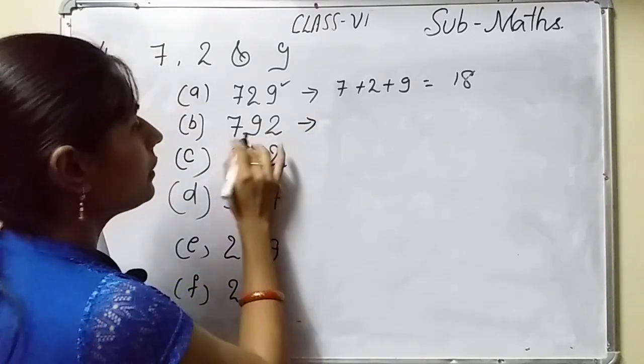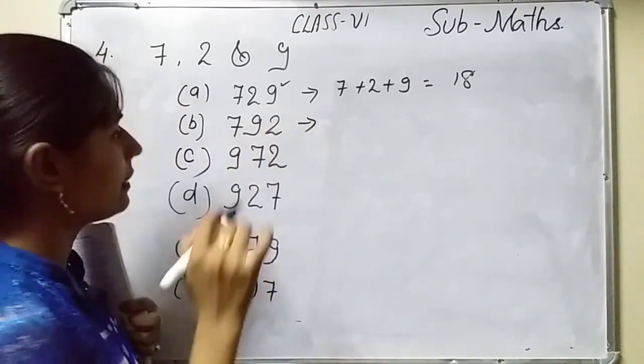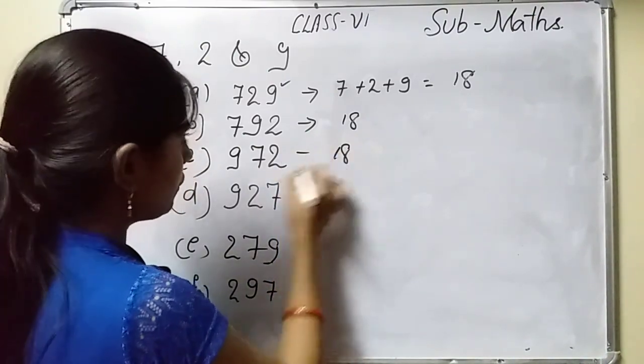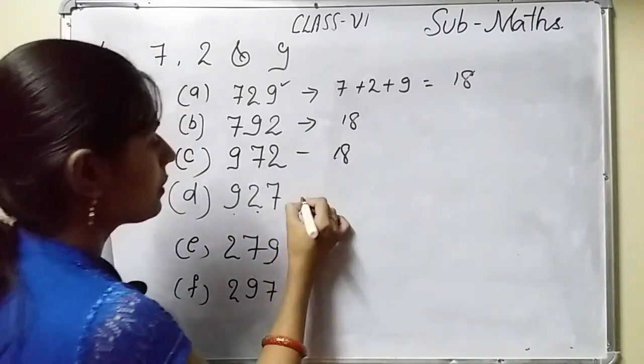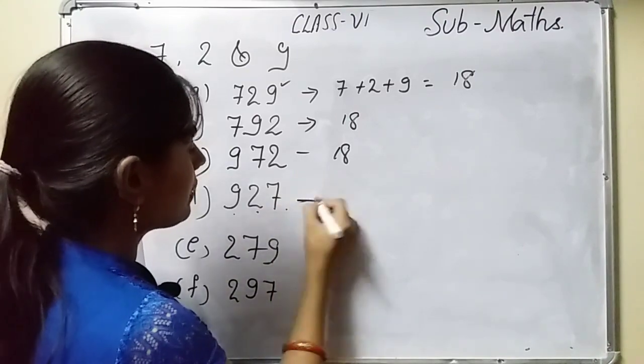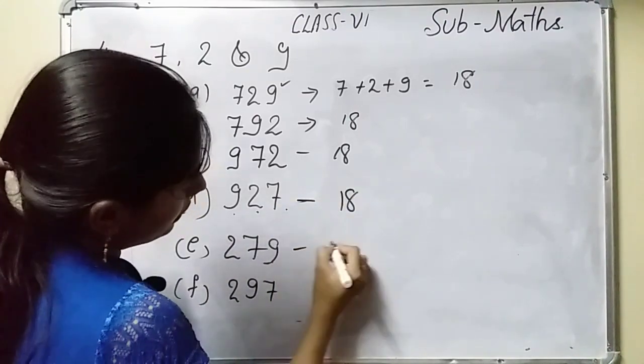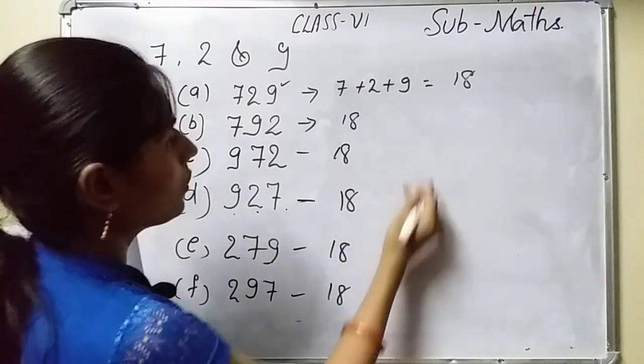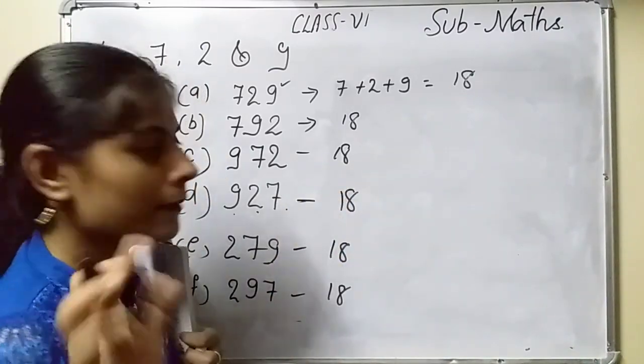Each and every sum is 18. Here also 18. 9 plus 2, 2 plus 9 plus 2 is 11, 11 plus 7 is 18. Here also 18, because all the numbers are similar here. So all numbers are divisible by 3.